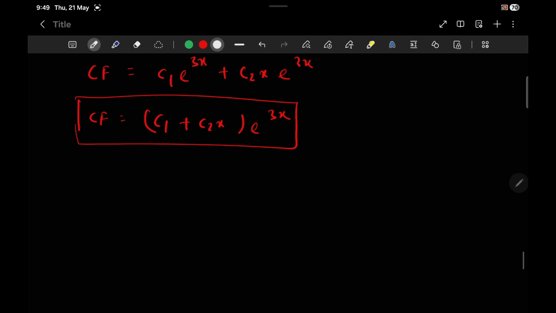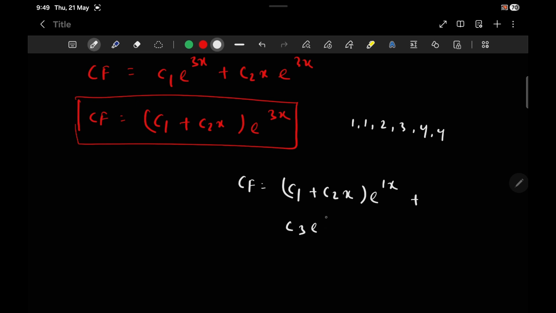If there were roots 1, 1, 2, 3, 4 and 4, our complementary function would have (c1 + c2 x) e^(1x) + c3 e^(2x) + c4 e^(3x) + (c5 + c6 x) e^(4x), like this.